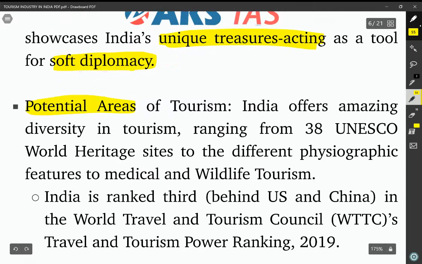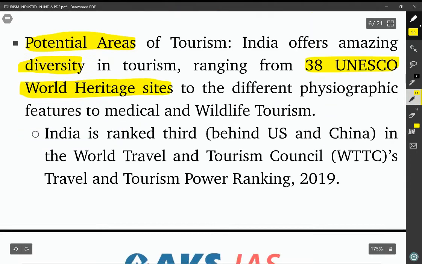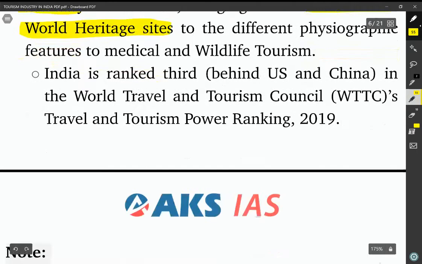What are the potential areas of tourism in India? India offers an amazing diversity in tourism, ranging from 38 UNESCO World Heritage Sites to different physiographic features to medical and wildlife tourism. Also note that India is ranked third, behind the USA and China, by the World Travel and Tourism Council, that is WTTC.